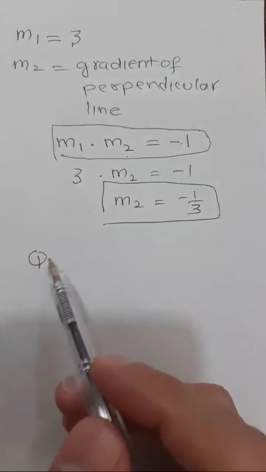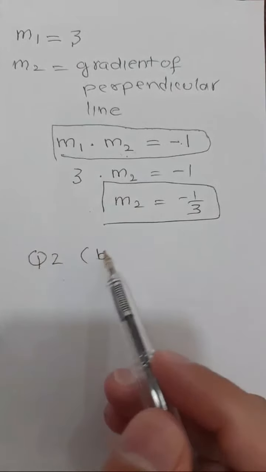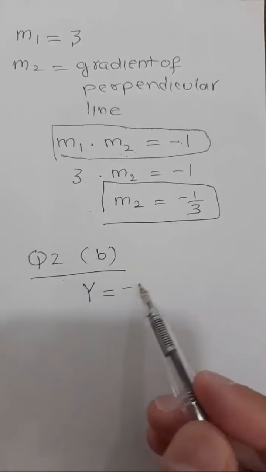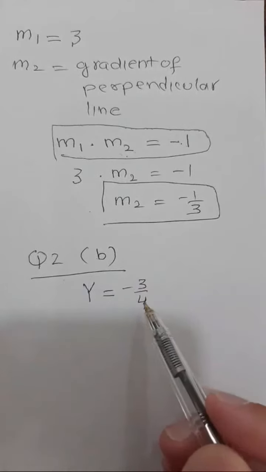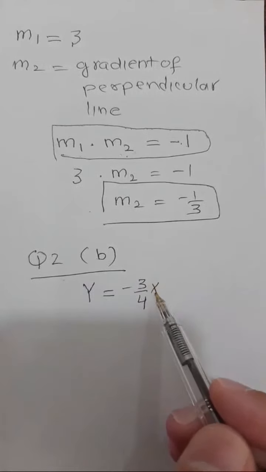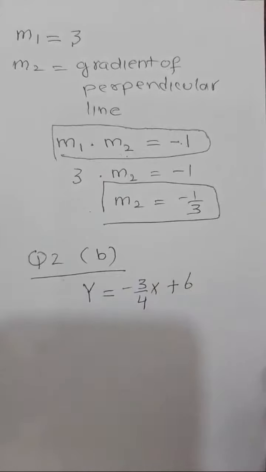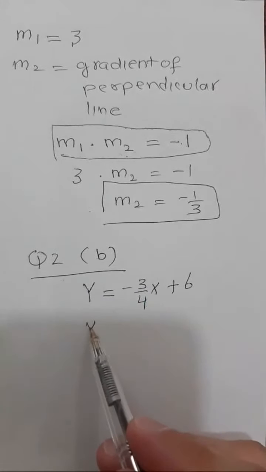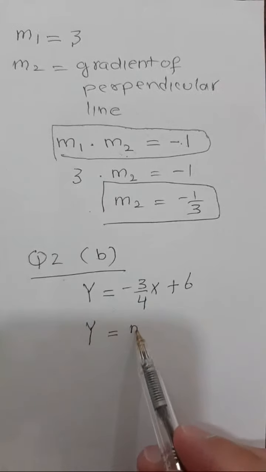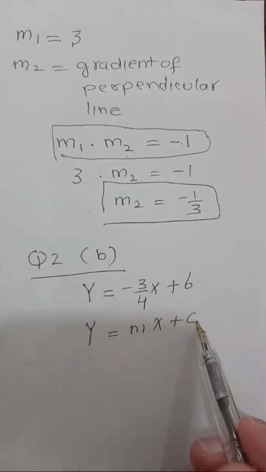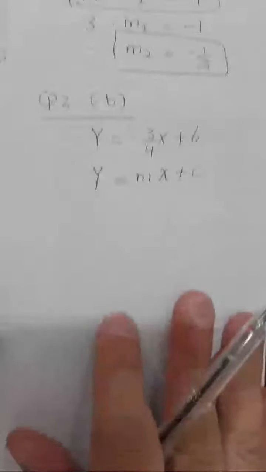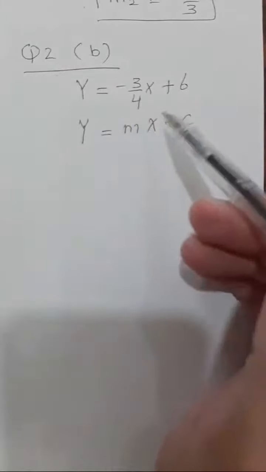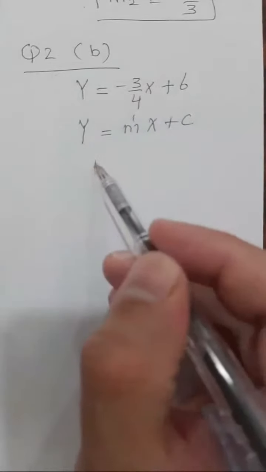So question number 2 part B, the line is y is equal to -3 by 4 x plus 6. Okay, now what is the gradient of this given line? By comparing it with y is equal to mx plus c, from here the value for m will be -3 over 4.